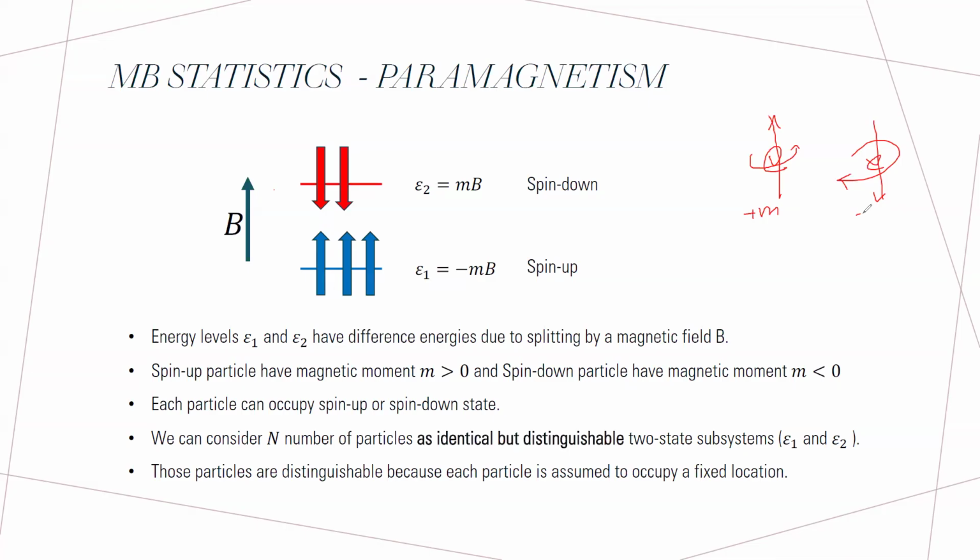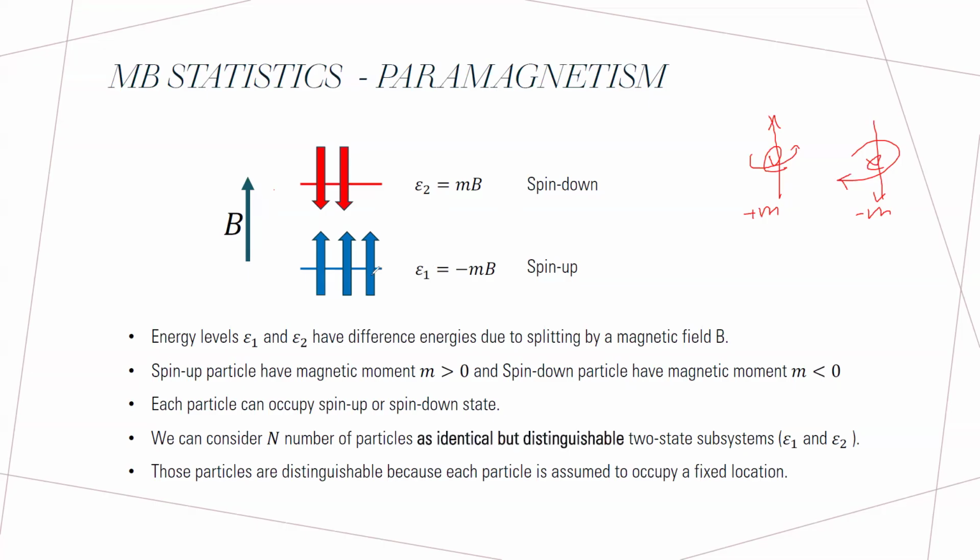Spin down particles have negative magnetic moment. So based on the magnetic moment and also the external magnetic field, it can have different energies. So for this system, we have two energy states.